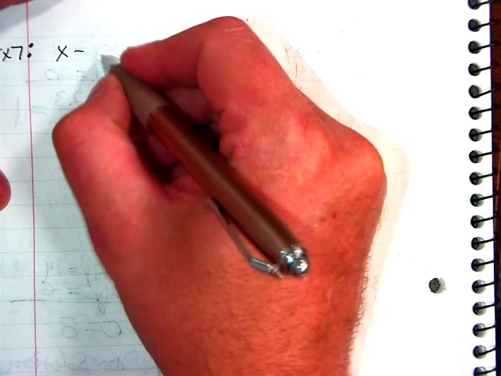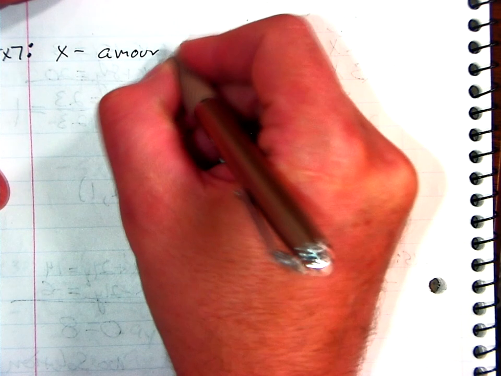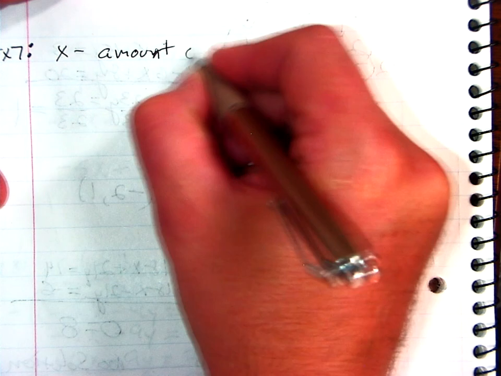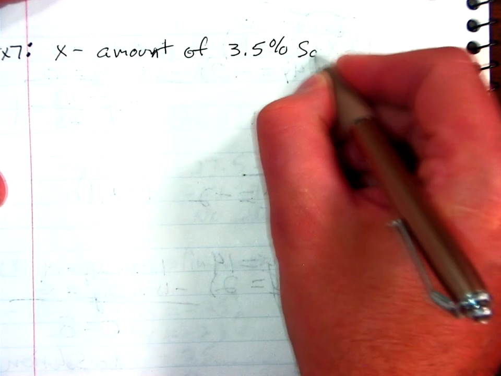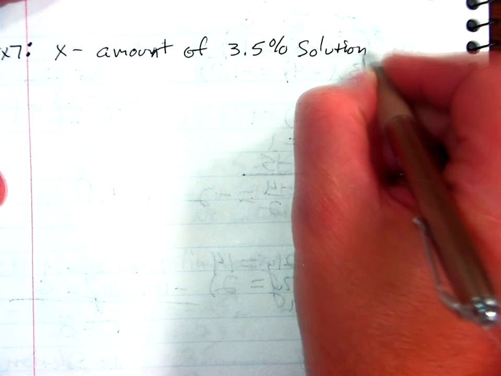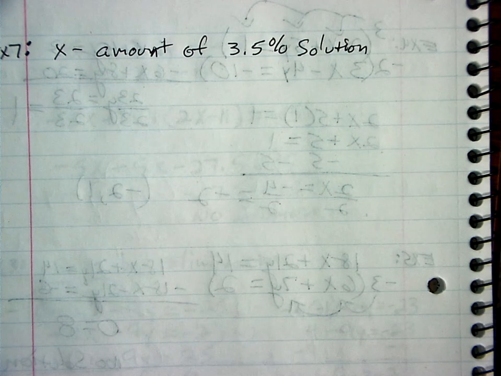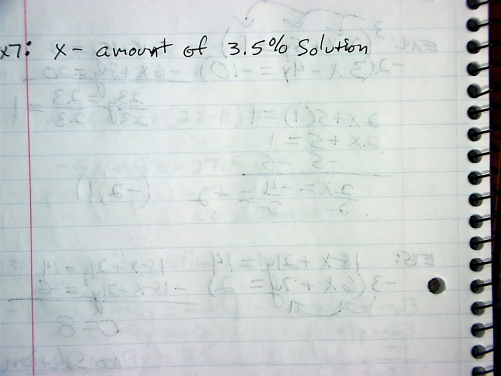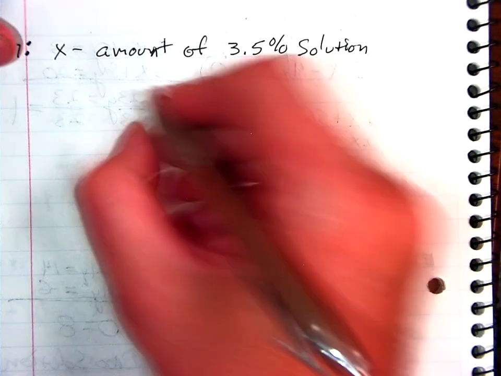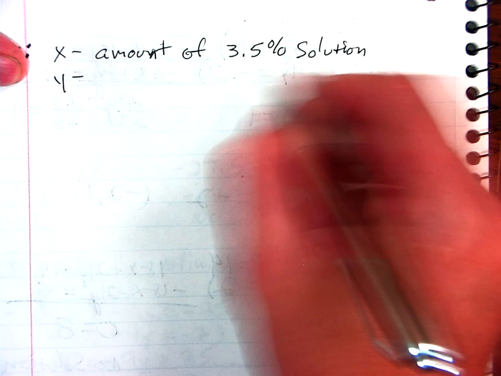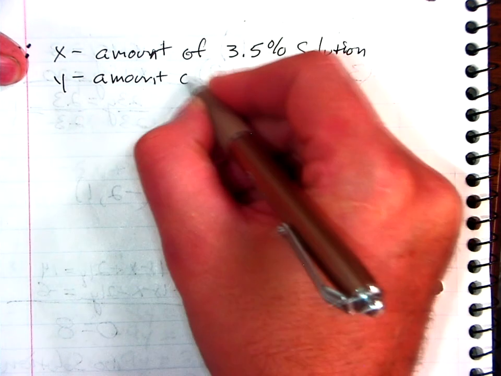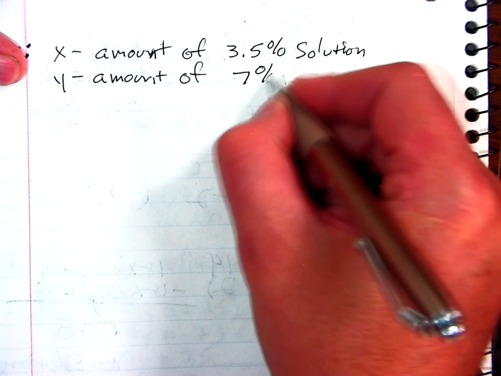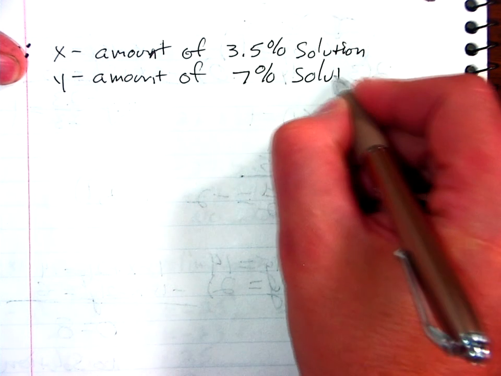All right, so X is our amount of 3.5% solution. If you remember, it said we have 3.5% solution and 7% solution. So X is going to be our 3.5, Y is going to be our 7% solution.